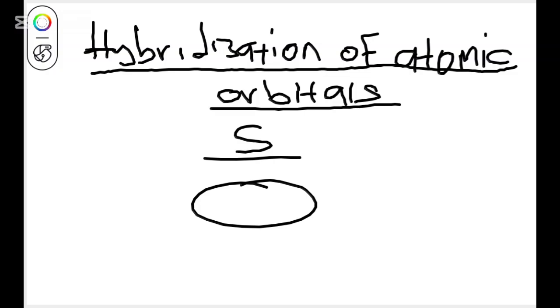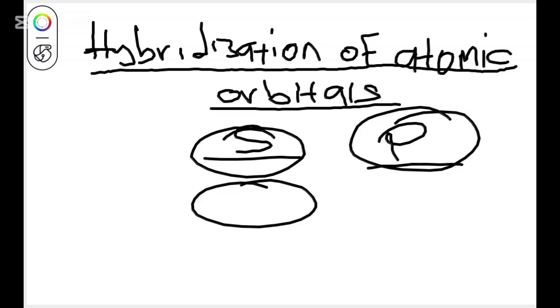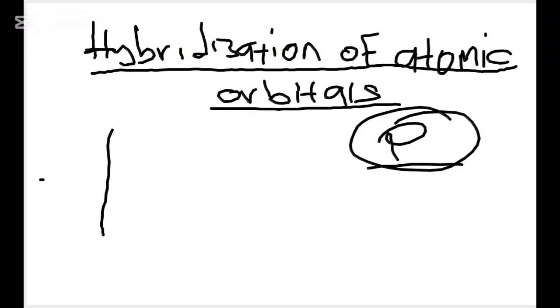So now let's talk about the p orbitals. There is only one s orbital, but there are three different types of p orbitals. We have px, which is around the x-axis.